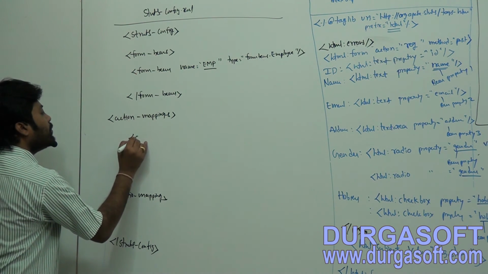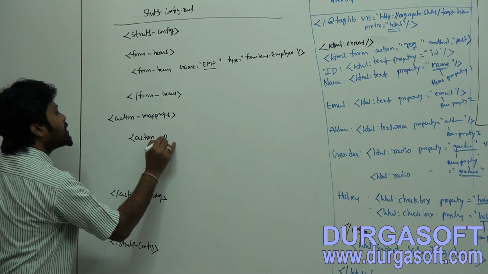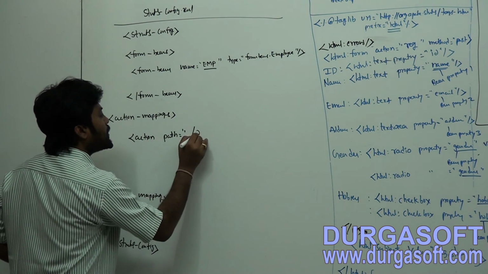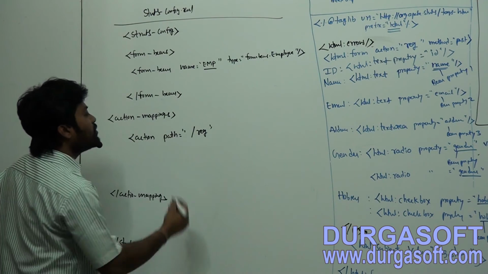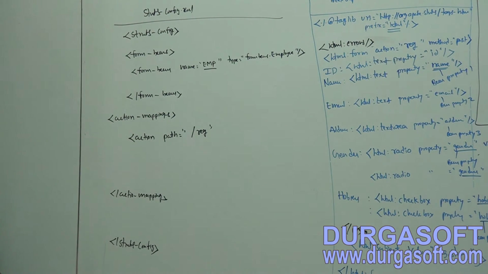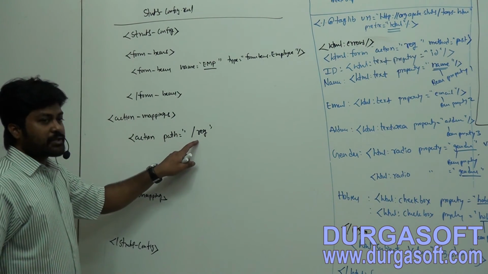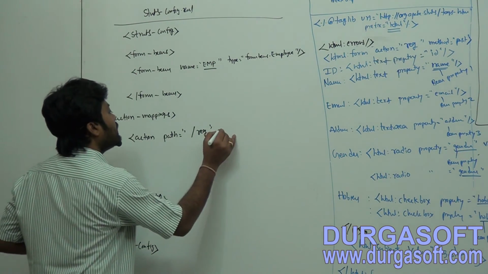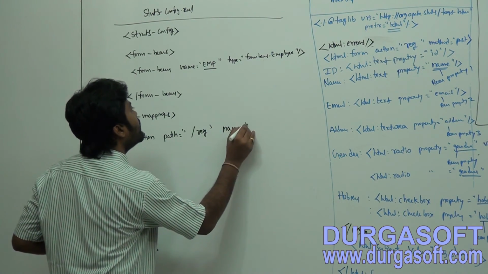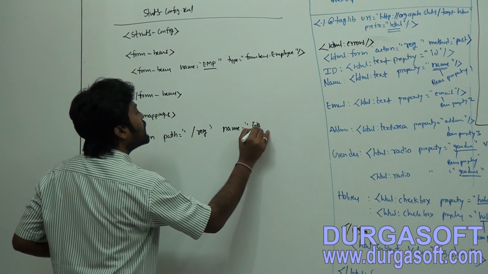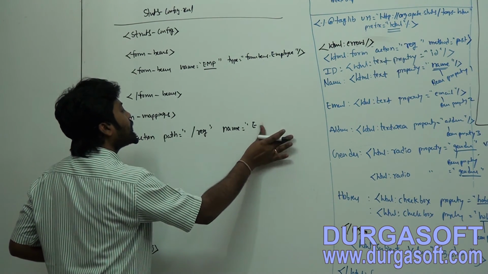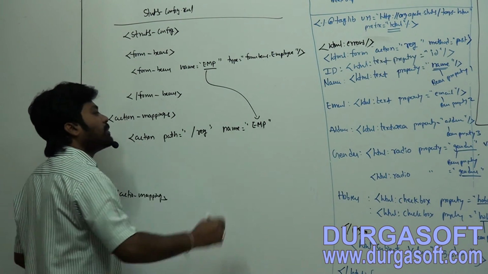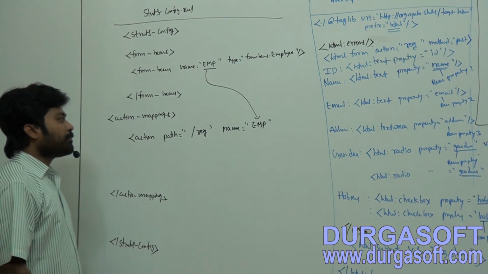So here to map form to bean, the action path, my form action is registration, but I must put a slash first: slash registration. Whenever the request is from this slash registration, I need to map it to my bean class. So that bean class reference name you should configure here. My bean reference name is emp. I just want to populate this same bean, so you have to pass that emp reference here.